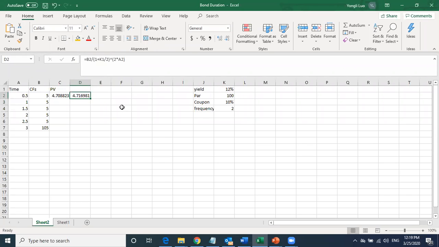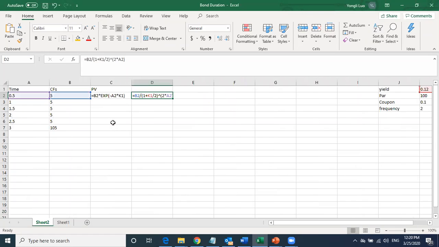Okay. So we use a semi-annual compounding. This line is using continuous compounding. This uses semi-annual compounding. And you can see the formula here. Okay, in order for you to understand, I will show the formula.